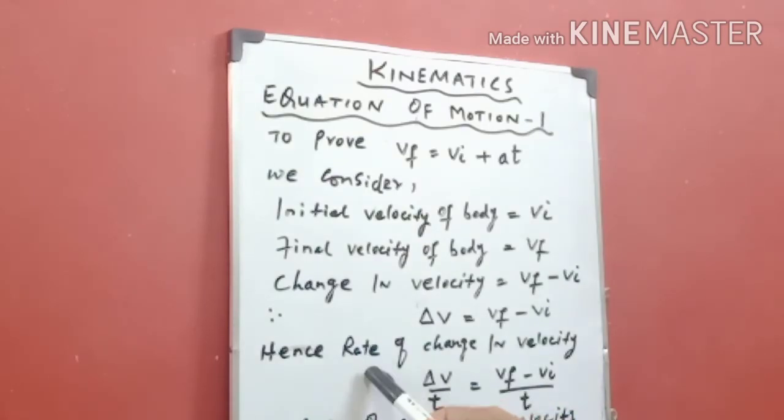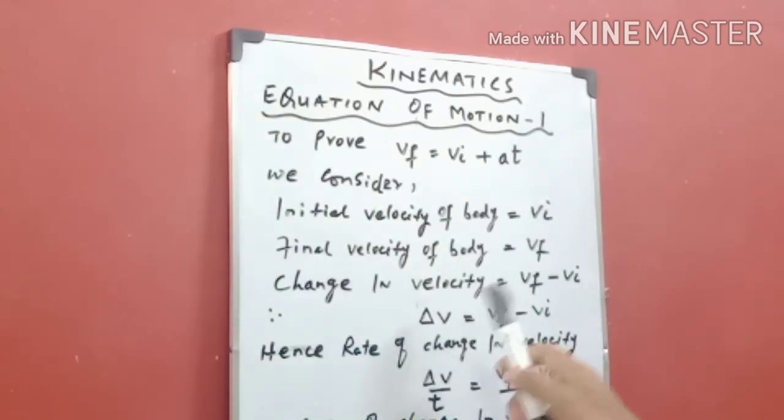Hence, for the rate of change in velocity, we divide both sides by time.